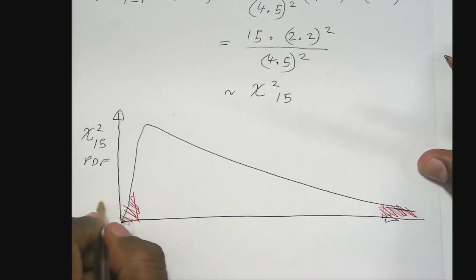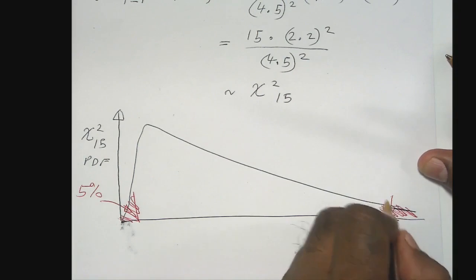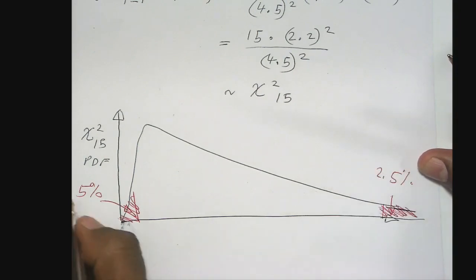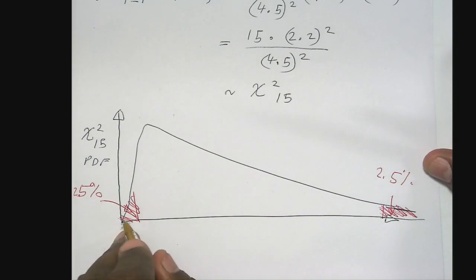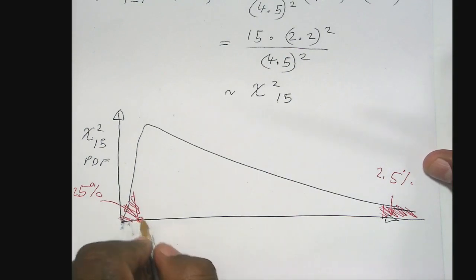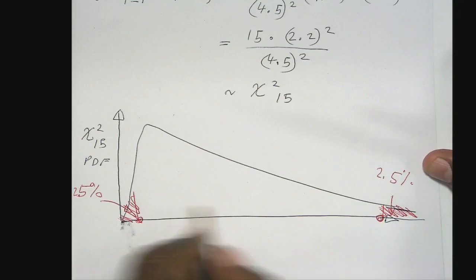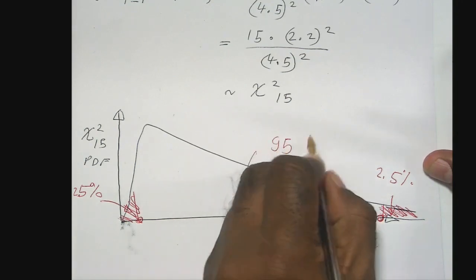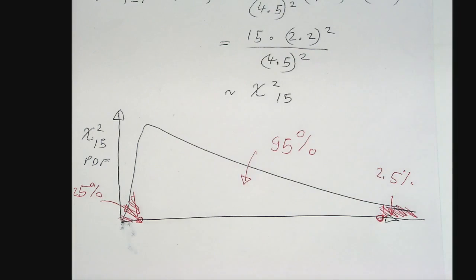Suppose this is 2.5%, and this is 2.5%. So the remaining area between this point and this point is 95%. So 95% can be considered the bulk of the distribution, in other words, the center of the distribution.